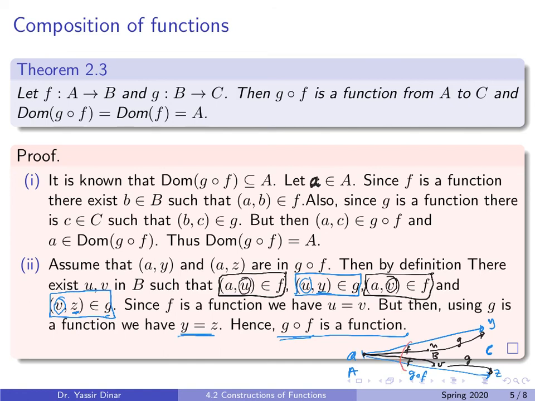But since f is a function, this means u has to be equal to v. Now that means we have the map here. It goes from the same element, say u, to y and z, but g also is a function, and that means y is equal to z.